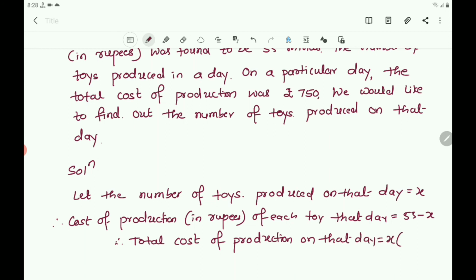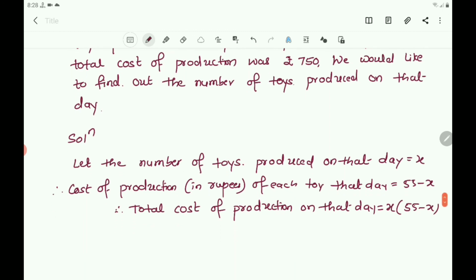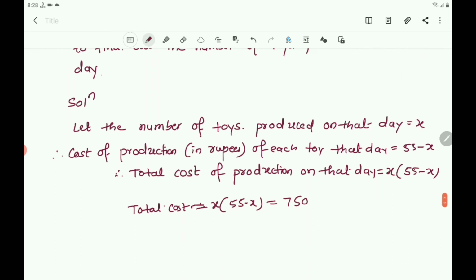Number of toys and cost of each toy, x into 55 minus x, and it is given that total cost equals 750 rupees. Then it becomes 55x, x into 55 is 55x, minus x into x is minus x square, equals 750.